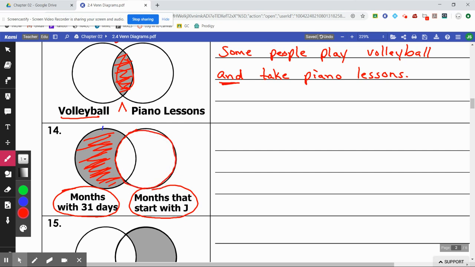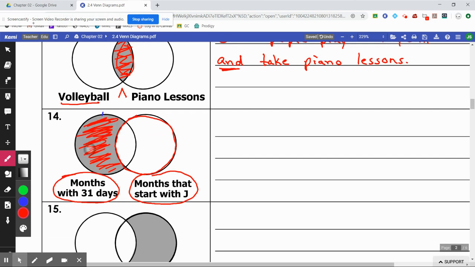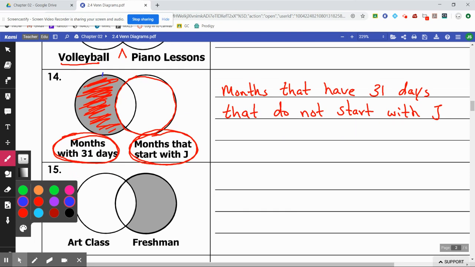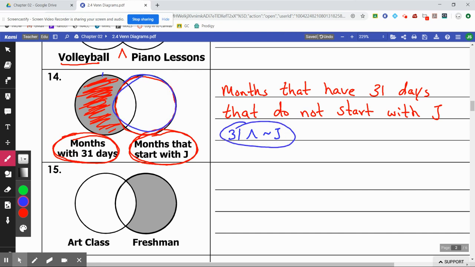So we're talking about the months that have 31 days but that do not start with the letter J. If you want to compare that with some stuff that we've been talking about, this is an and statement. This would be the stuff that is in 31 and that is not in the starts with J one. So that would be 31 and not this circle.